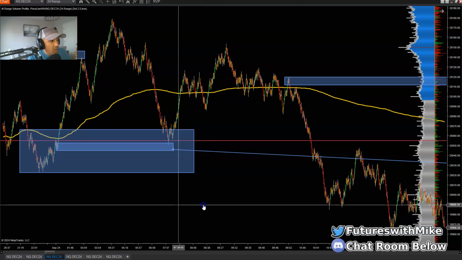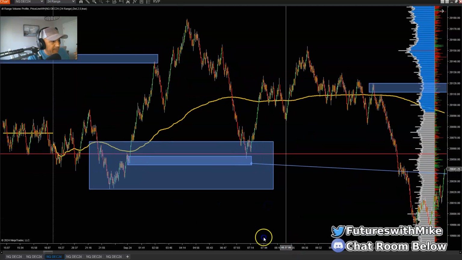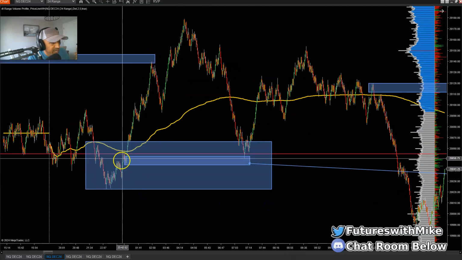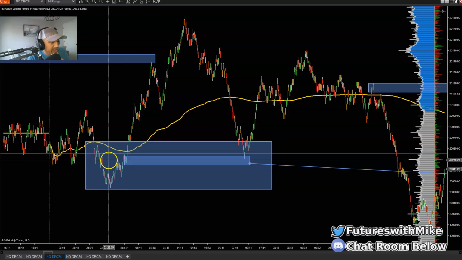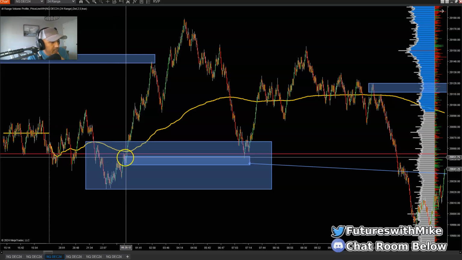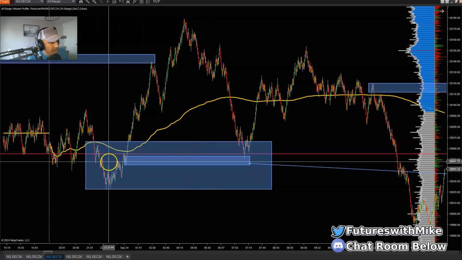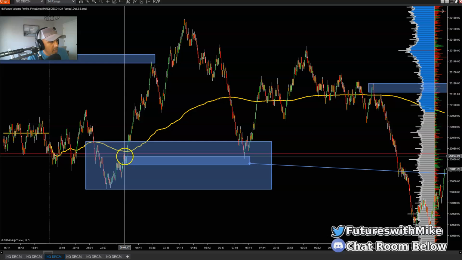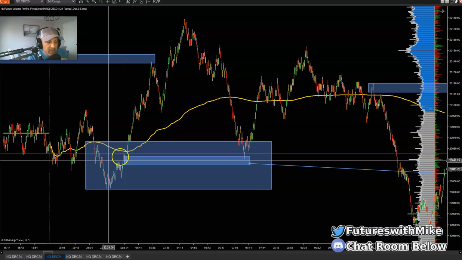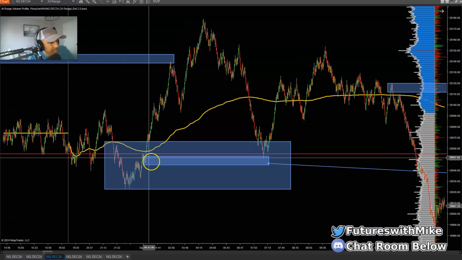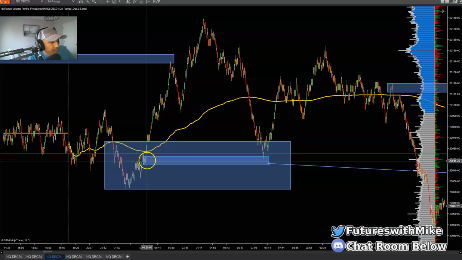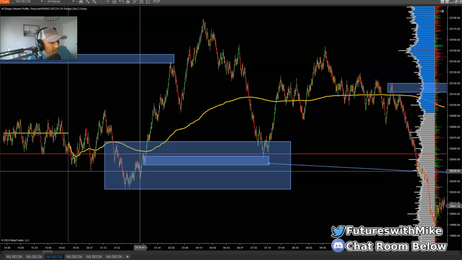So in this case, once we tap into it, then I'm looking inside the zone to see, is there any area where there is a demand zone within this larger box, where there's an actual zone that has a gap at it on the 24 range chart. Yes, there's a demand zone resting right here. There's also one resting down here below, as you can see.